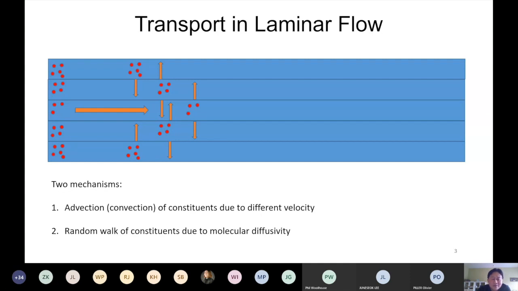We have advection of constituents due to different velocity. In the center of the pipe, the constituents travel further than the constituents close to the pipe wall. And there is the random walk of constituents, due to the molecular diffusivity.